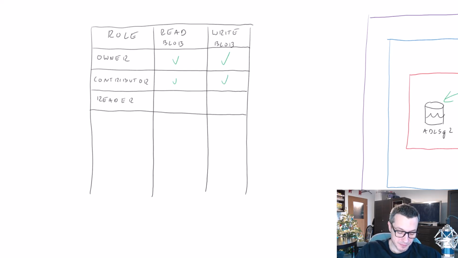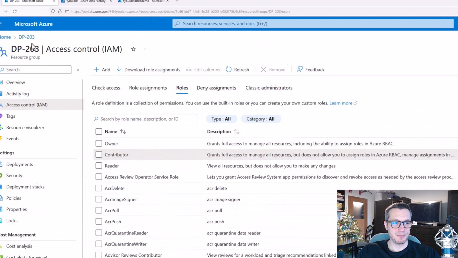In case of reader, he should be able to read the files, but not write them. So actually, let's verify whether this is true. So what I will do is to grant someone a contributor role on the whole resource group, and then we'll see how it looks like.